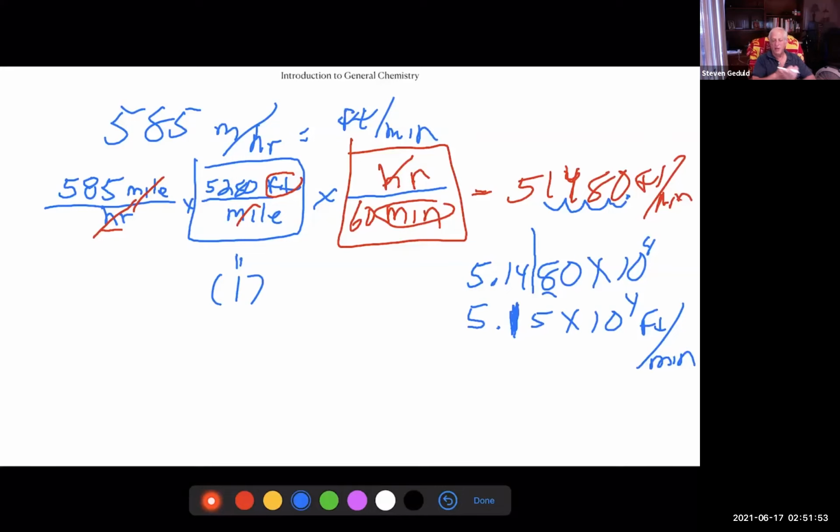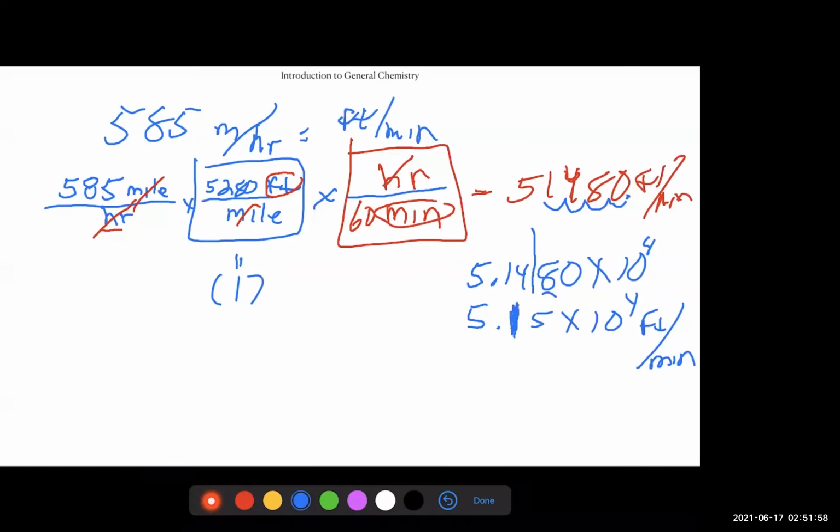All right, other questions? Yeah, I had a question. Sure, go for it. It says, perform the calculation and record the answer with the correct number of significant figures. And it has in parentheses 6.5 minus 6.30 over 4.29.